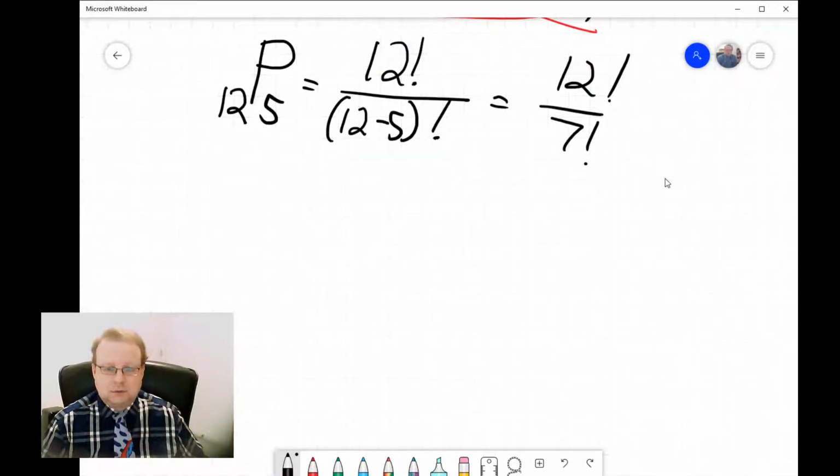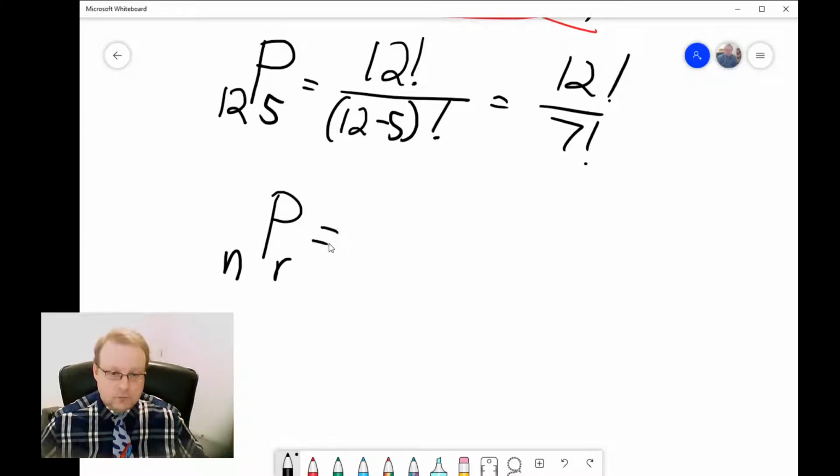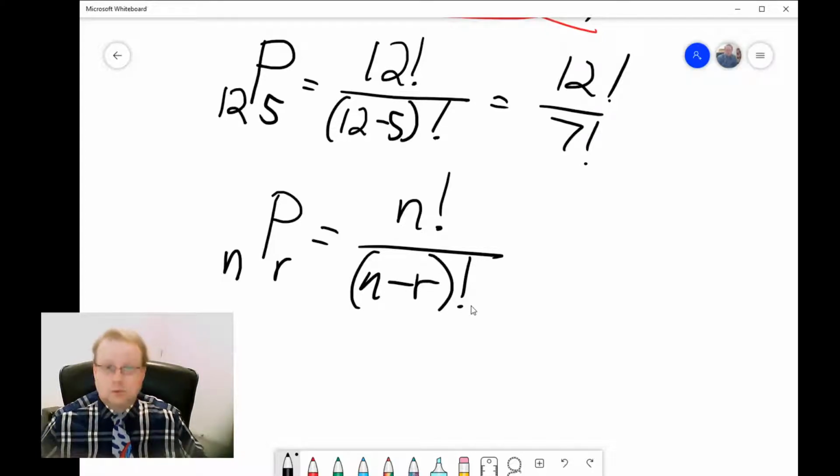Now, in general, if you have n permute r, so if you have n objects and you want to take r number of those objects and rearrange them, you will have n factorial over n minus r factorial ways to do so.